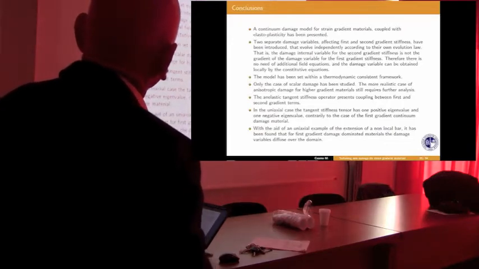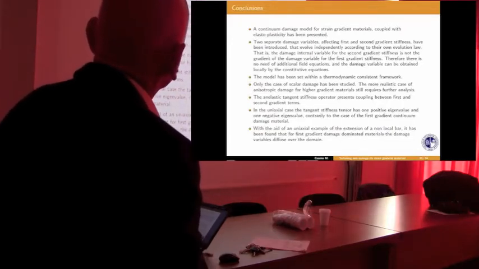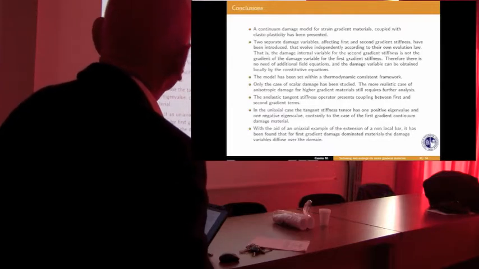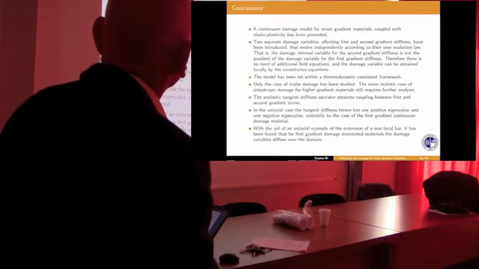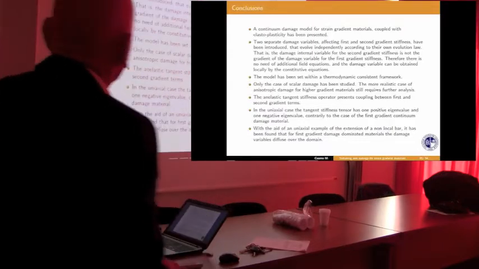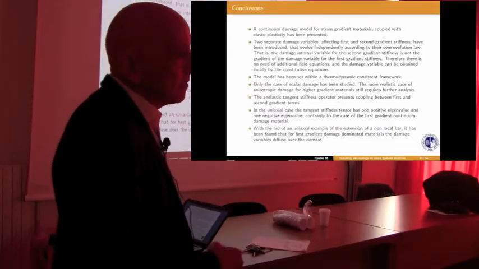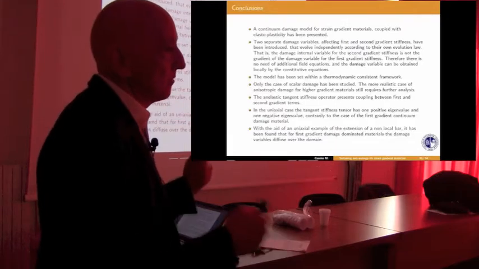I will just discuss this point. I've used two separate damage, also hardening variables that affect the first and the second stiffness separately, and that are not the gradient of one another.